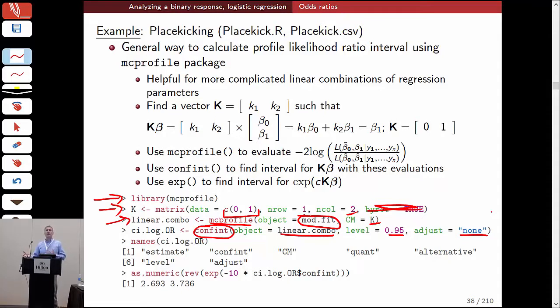It's going to find a confidence interval for beta 1, a 95% profile likelihood ratio interval. Inside then the object that I save, which I call ci.log.or, there's a lot of information. In particular, confint. So if I pull the confint out of ci.log.or and do some other stuff with it, I get the same exact interval that I had before, at 2.69 to 3.74.